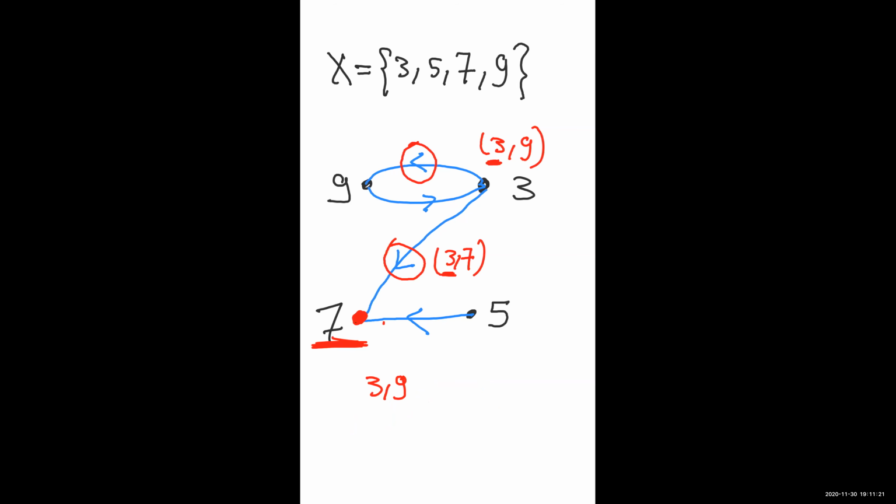Then 9 and 3, and then 3 and 7, and then 5 and 7. So 7 appeared only as a second element here. The first projections are 3, 9, 3, 5. No 7. So there are two reasons. The first one, 3 appears twice, and 7 didn't appear at all. So that's why it's not a function.